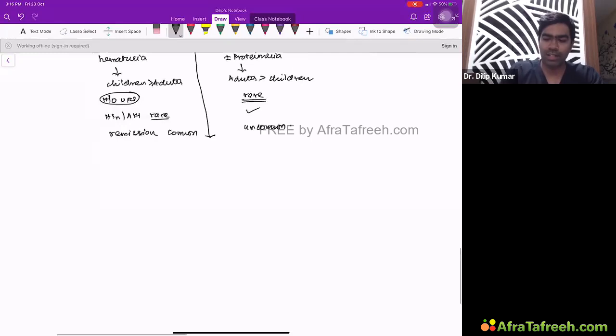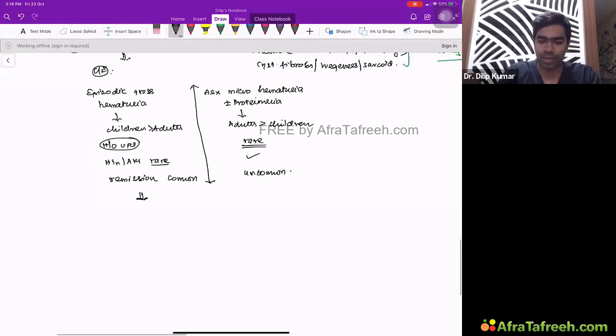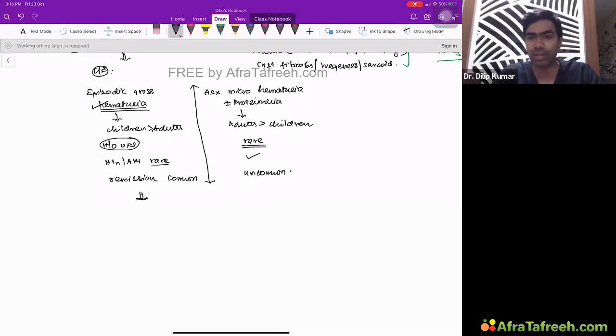Then apart from that, in children, I told you they're going to present with hematuria, which is very, very important. So they do present with gross hematuria. There is one other condition in children that presents with gross hematuria. Can anyone tell what is another condition which is very common in children that presents with gross macroscopic hematuria or even episodic hematuria?